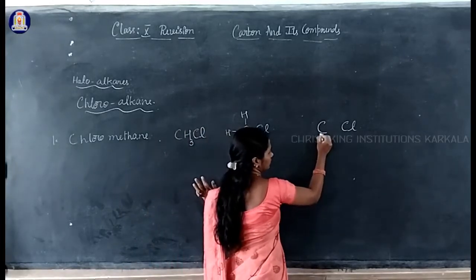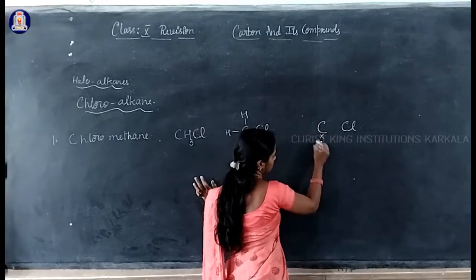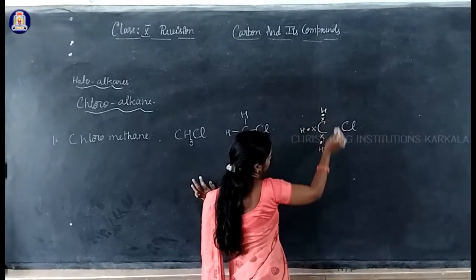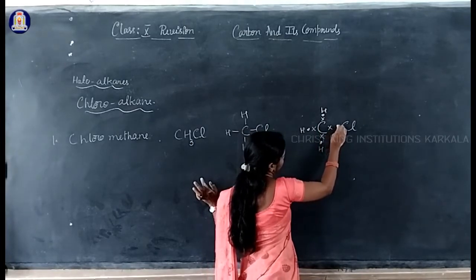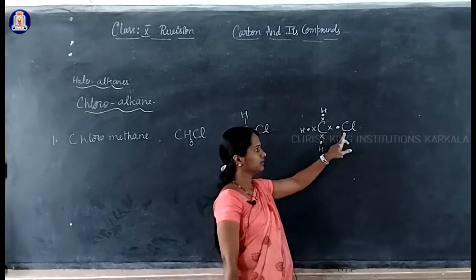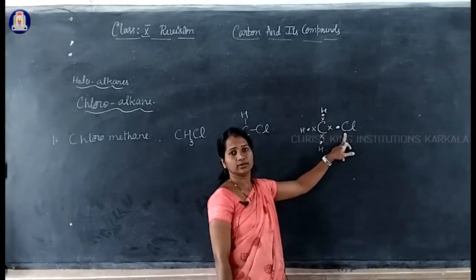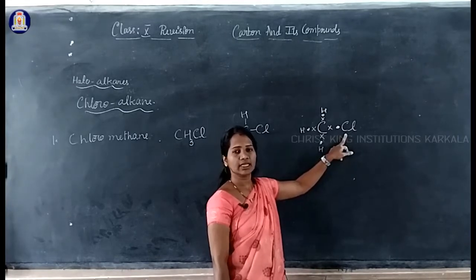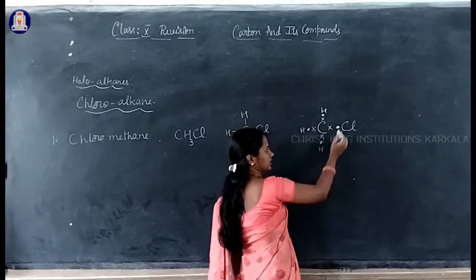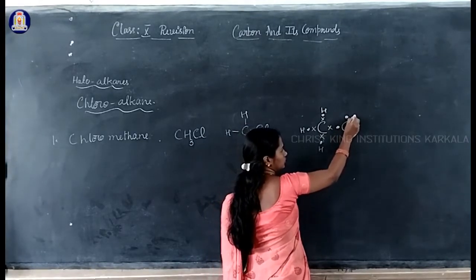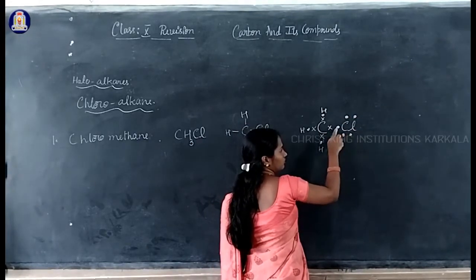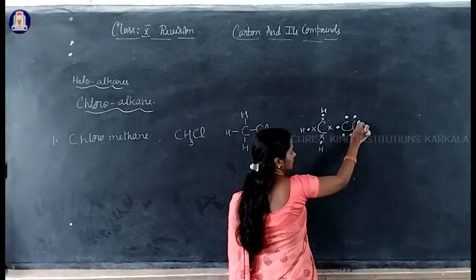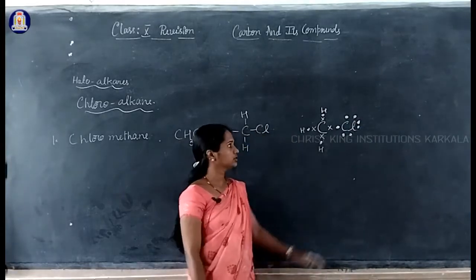So, dot H, dot H, dot H. Chlorine contains 7 valence electrons, which can be represented as 1, 2, 3, 4, 5, 6, 7. So this is the electron dot structure of chloromethane.